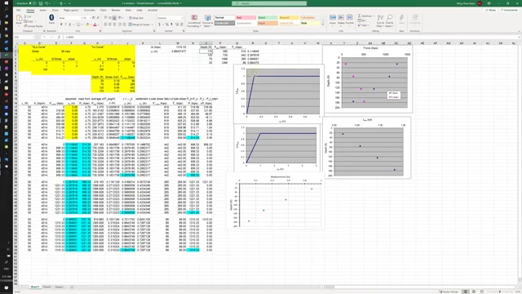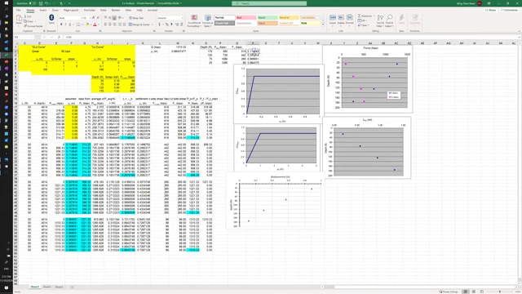Then for each one of them, you can calculate the settlements of the elements. So pretty much this is the settlement of the midpoint of the pile, but this is the settlement of the pile, the elastic compression, and also plus the base.